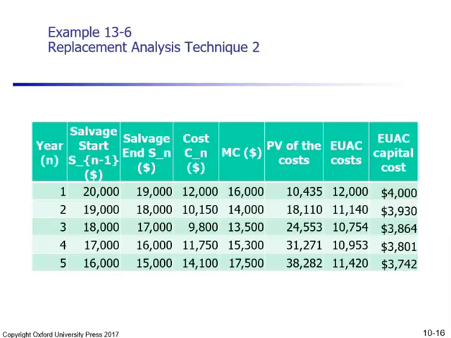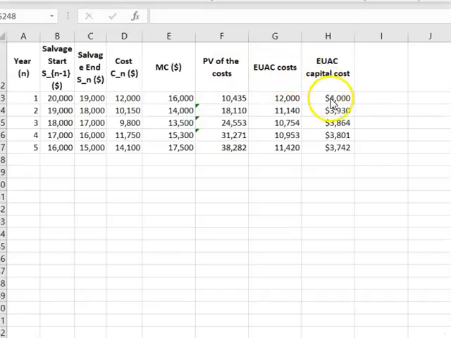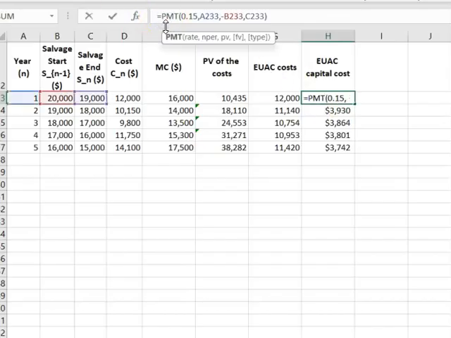We are now enriching our table step by step. And here is the answer. EUAC of capital costs, as you can see, is constantly decreasing. For year 1, we use payment, rate is 15%, number of periods 1, present value.